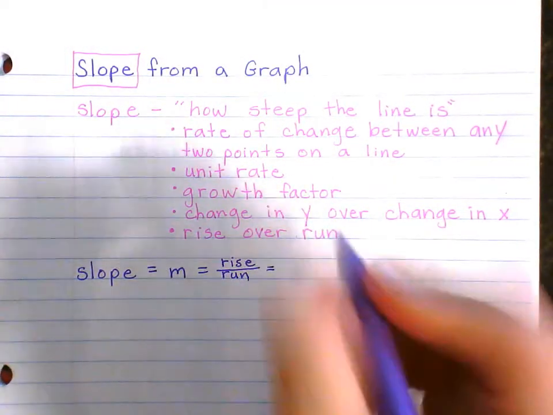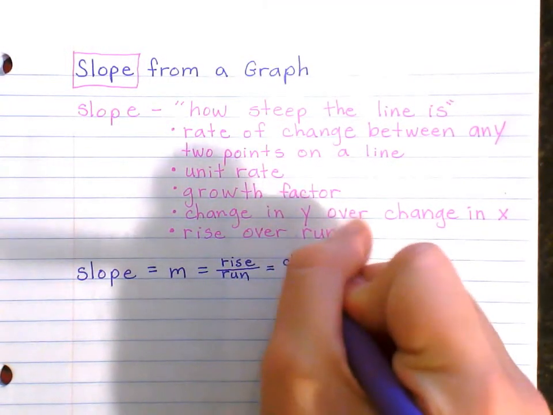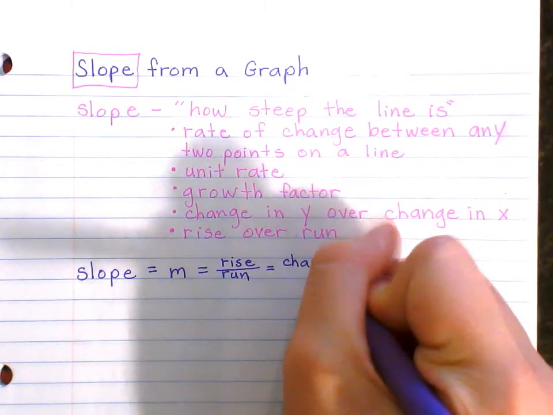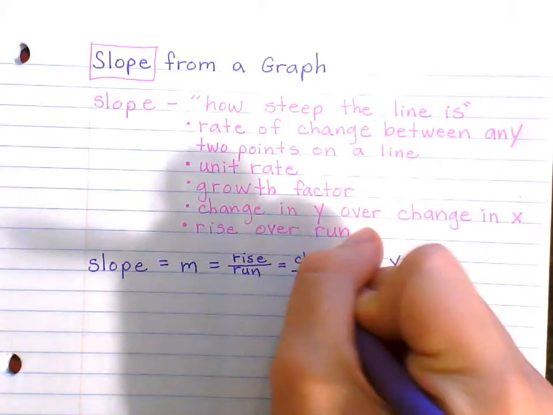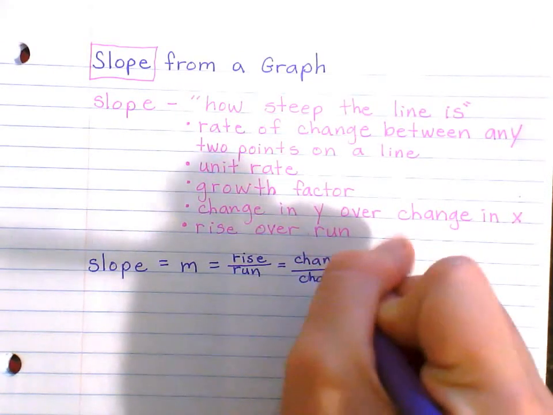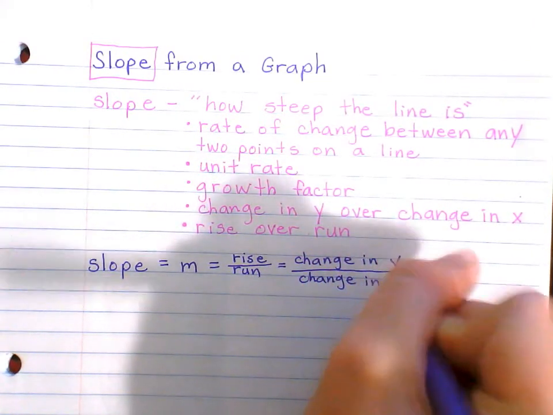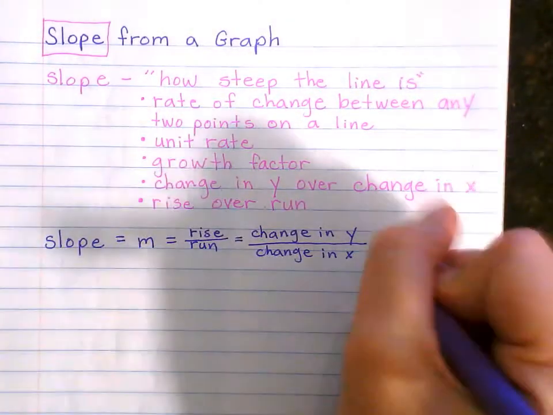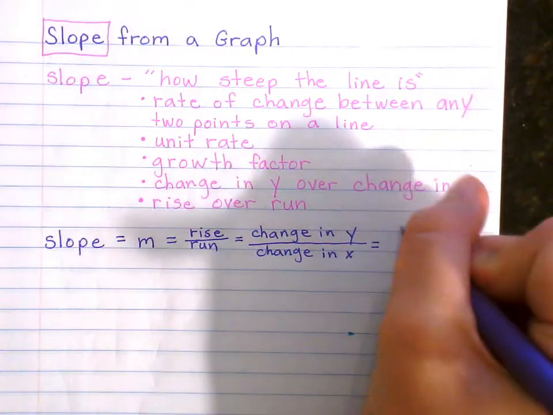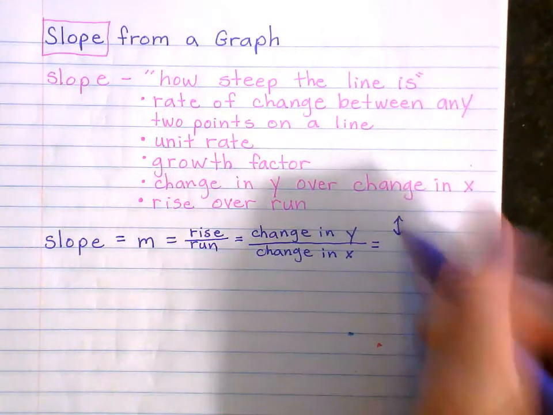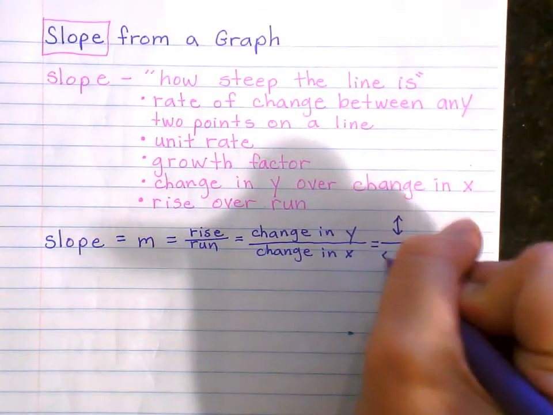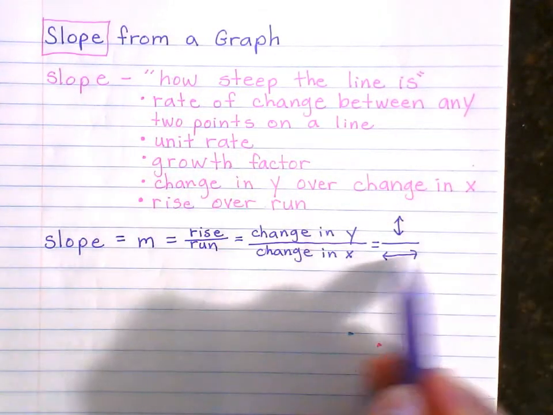Okay? It's also change in y, because that's what the rise literally is. It's the change in the y, the up and down, over change in x. So change in y, that's the up and down, how much the y changes when we're going up and down, when you're rising, over when we're running, how much it changes sideways.